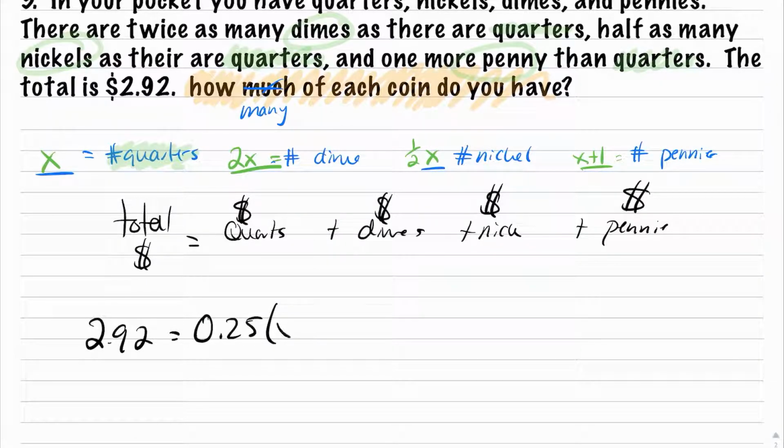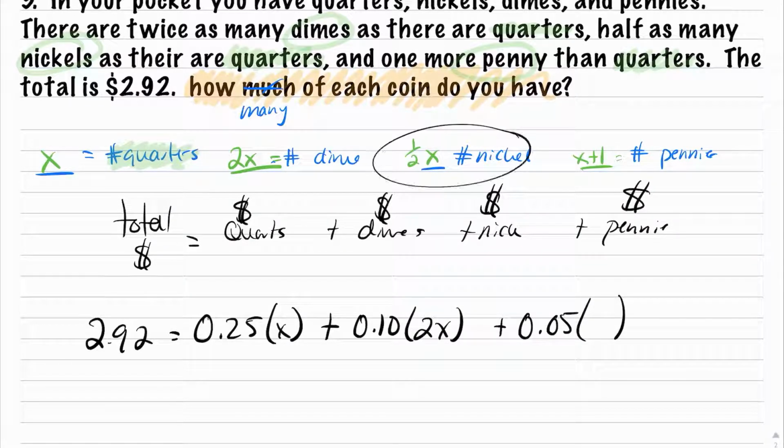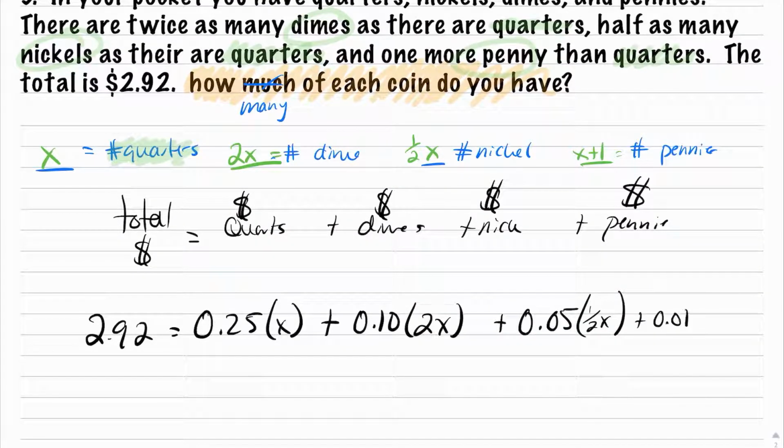I don't know. I have X many of them. Same thing with the dimes. I know that each dime is worth 10 cents, but I don't know how many I have, so I called it 2X. When it comes to the nickels, I know that each nickel is worth 5 cents, but I don't know how many I have, so I would have to multiply by what I called the number of nickels, which is 1/2 X. And then finally, the number of pennies. Well, I know that each penny is 1 cent, and I know that I have X plus 1 of them.